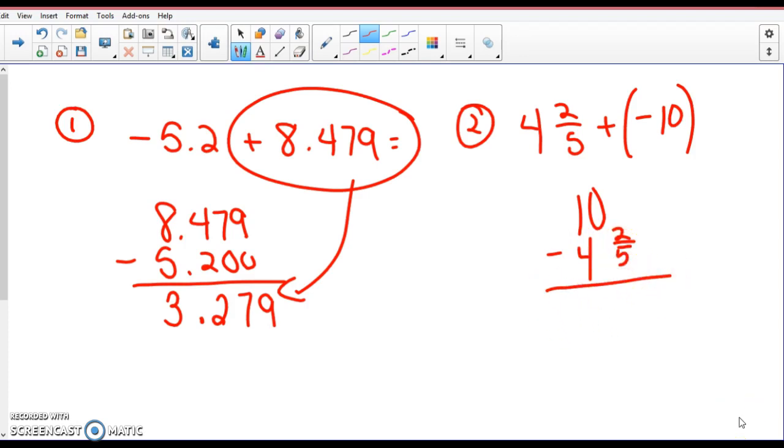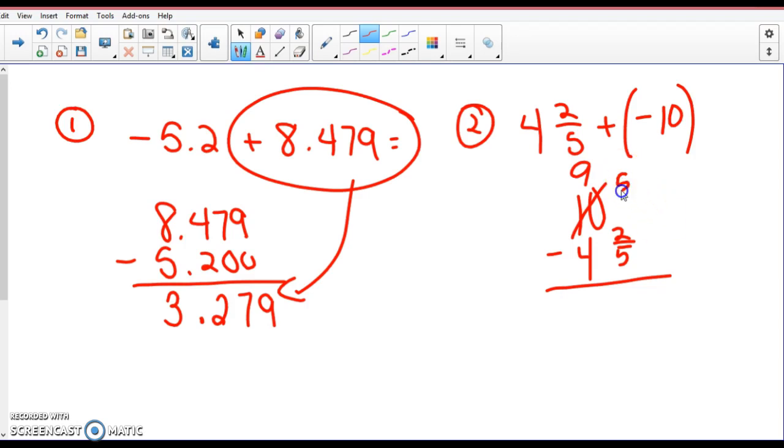Now, if you guys are like my other classes, you are not going to be good at this. Can I do nothing minus 2/5? So what do I need to do, Chloe? I need to borrow. So I'm going to make the 10 into a 9. And how am I going to write the 1, Logan?